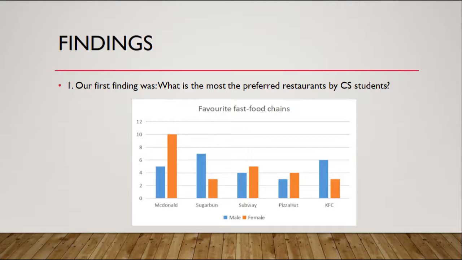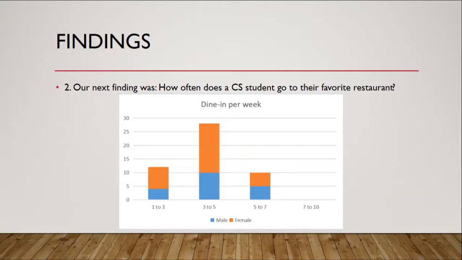It's McDonald's. 50 respondents have selected McDonald's as their favorite fast food. For Sugar Bun, 10 selected it as their favorite fast food. Subway has 9, Pizza Hut has 7, and KFC has 9. Each is represented by male and female combined.